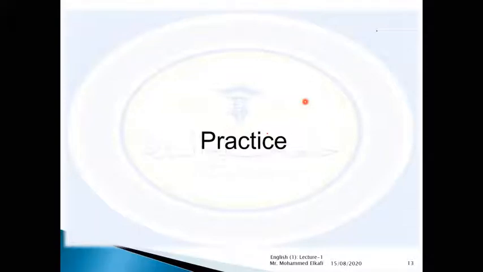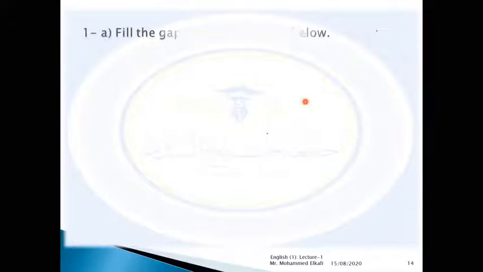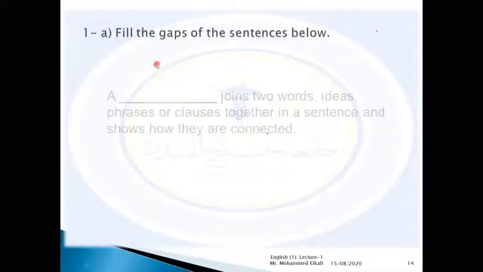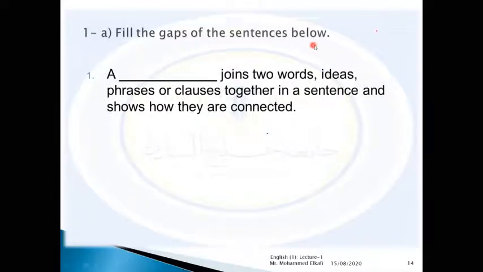What about practice? We have some samples here. The first question, for example, for such a type of lesson: fill in the gaps of the sentence below. A dot dot joins two words, ideas, phrases, or clauses together in a sentence and shows how they are connected.